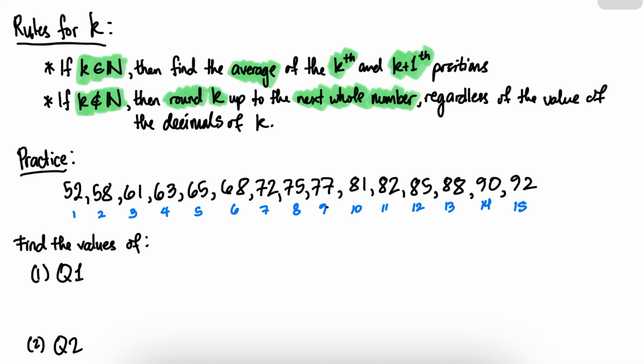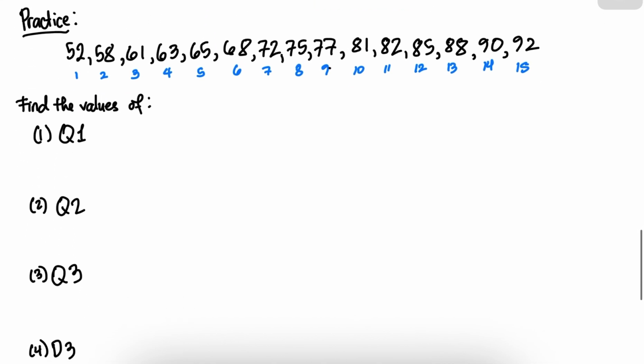Okay, so let's have some practice, shall we? We'll need to find the values of our k here. For number 1, we need to determine the value of Q1. For number 2, it's Q2. Number 3, Q3, and so on. So let's start with Q1. We first need to determine our kth number. Since it's 1, our numerator will be 1. Our m would be 4 since we're dividing into quartiles, and we multiply that by n.